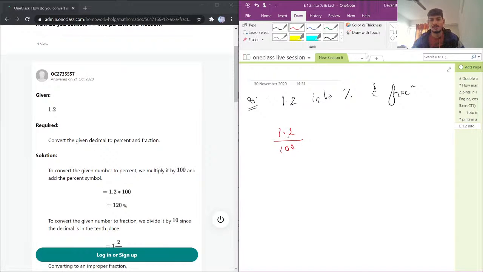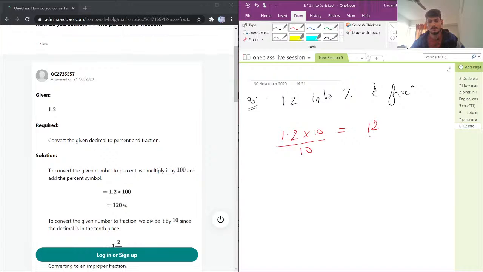So first we'll start with converting 1.2 into a fraction. So I will multiply and divide by 10, because we have only one decimal place.